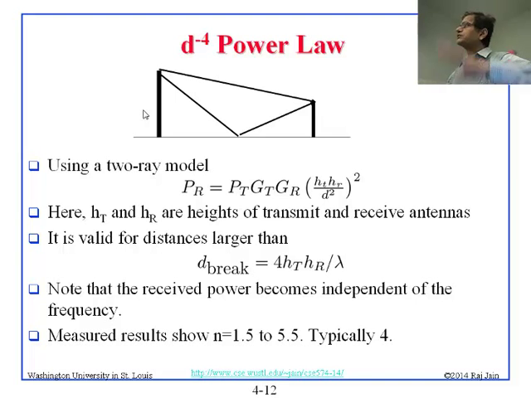But if you do the simplest model, the 1-ray model would be just a straight line, and the 2-ray model uses one more reflection in the middle. If you do that, the received power comes out as PT, GT, GR times HT, HR upon d square, whole square. HT is the height of the transmitter, HR is the height of the receiver.